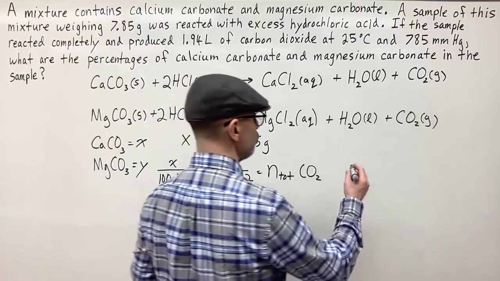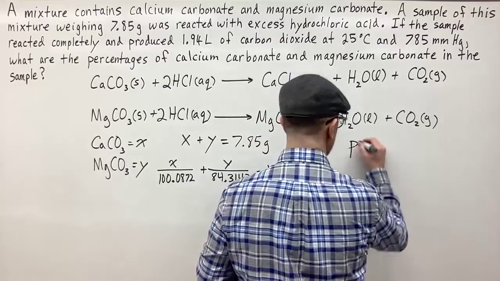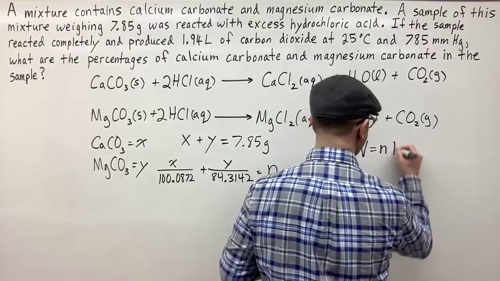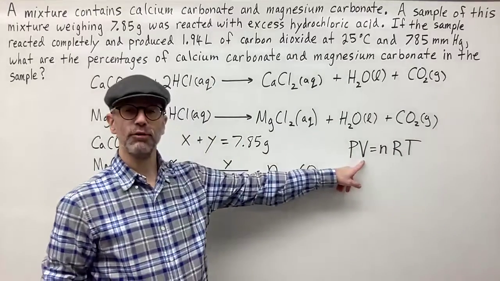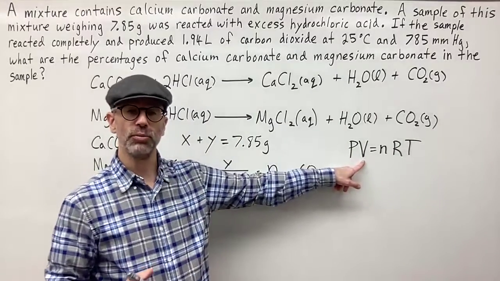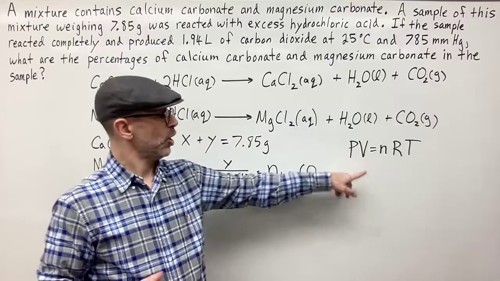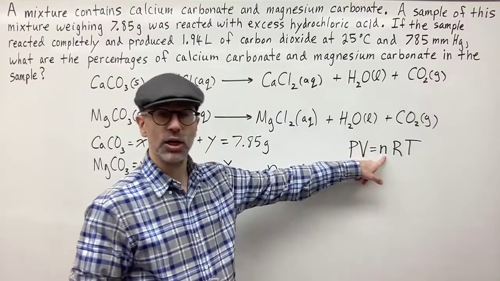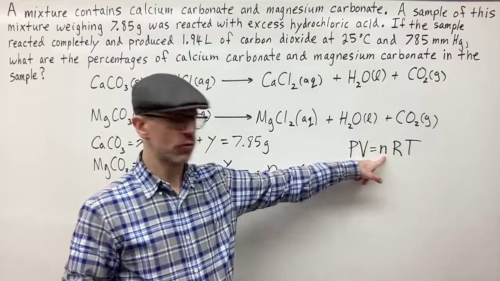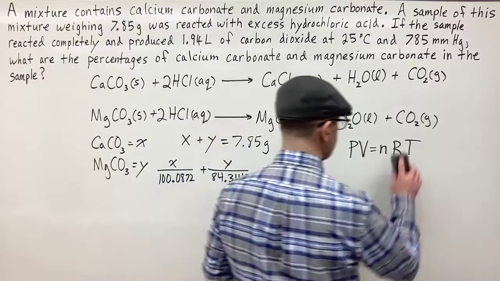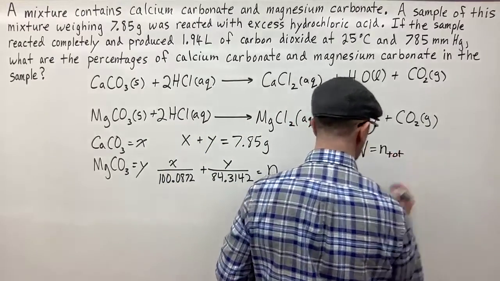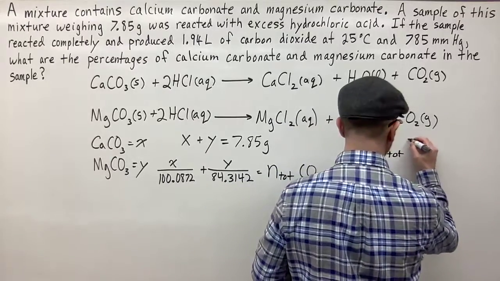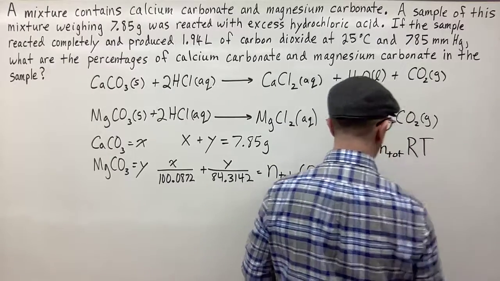And I'm going to have to use PV equals nRT. And here they're giving me the volume, the total volume of the carbon dioxide. So I'm going to have to use here the total number of moles, right? So here it's going to be n total times RT.